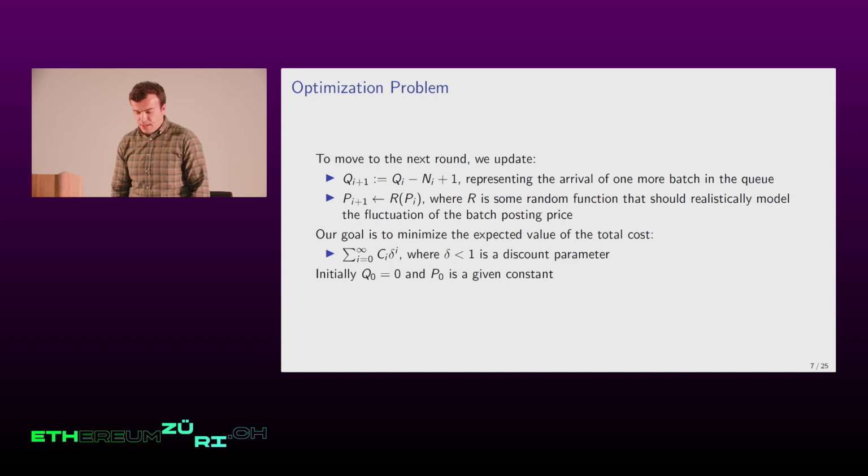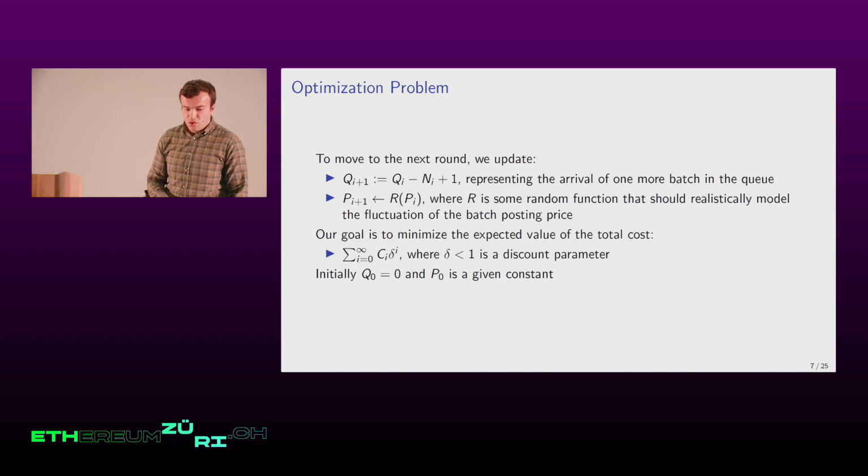What is the objective value? We want to optimize discounted costs. So we sum up costs over the infinite horizon, and we discount the future. So one unit of cost we incur today is delta in the next round, and delta square in the next to next.